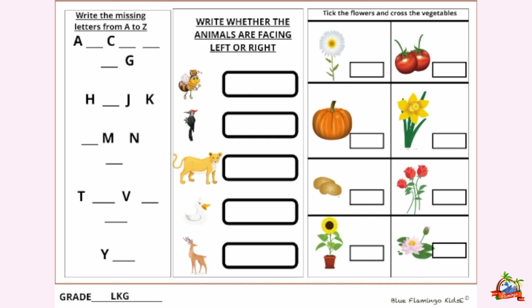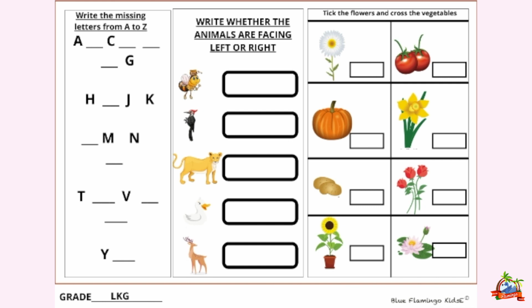A for apple. B for ball. C for cat. D for dog. E for elephant. F for fingers. G for grapes.